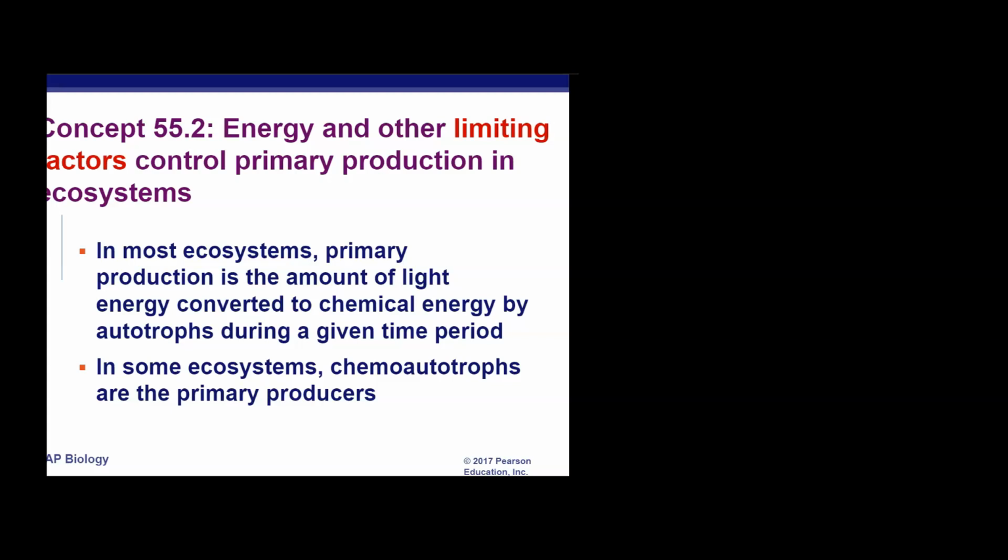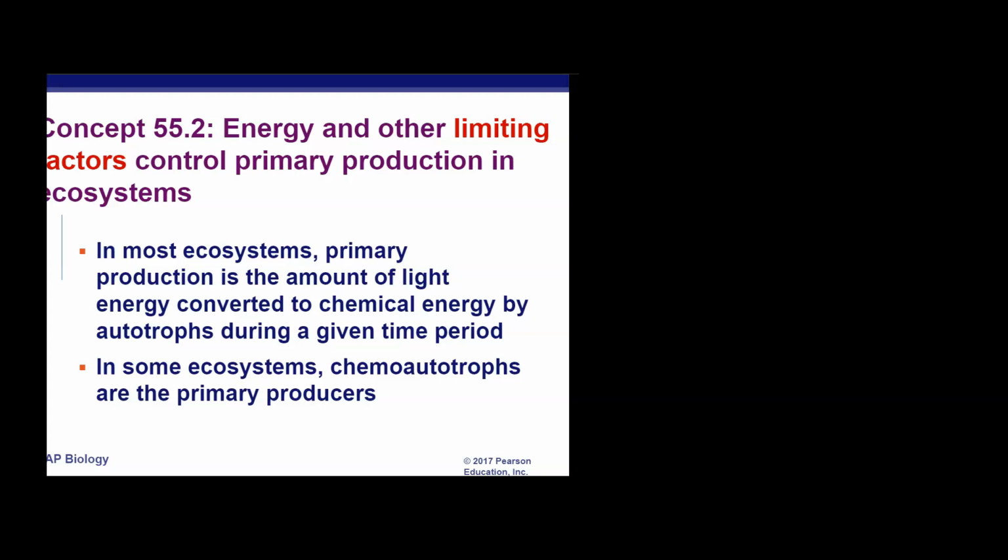So we want to look at how we measure those limiting factors and what they are. In most ecosystems, primary production is defined as the amount of light energy that has been converted to chemical energy by the photoautotrophs during a given time period.